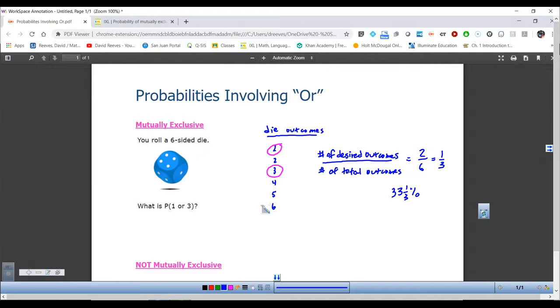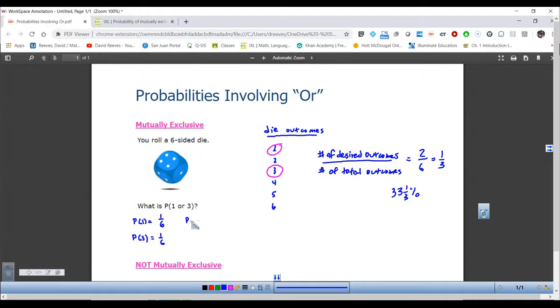But what about if we just looked at the probabilities separately? What is the probability of getting a 1? Well, the probability of getting a 1 is a 1 out of 6, right? And the probability of getting a 3 is also a 1 out of 6. And since these are mutually exclusive, I can add them.